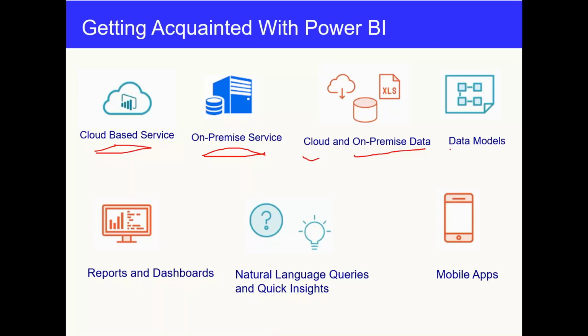And what you do is you create the data models. What exactly is a data model? You've got various entities, connected by relationships. This is what we call a data model. On top of it you create the reports and dashboards, and it allows you to have natural language queries and quick insights. Basically you can ask what the total sales are by region, by year, and so on.